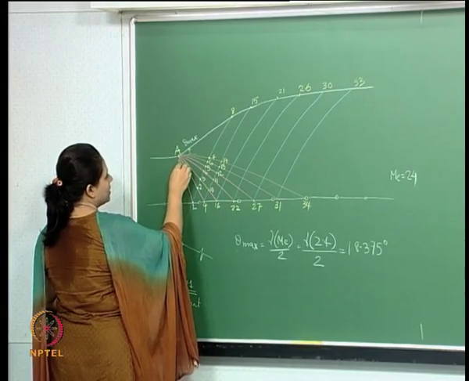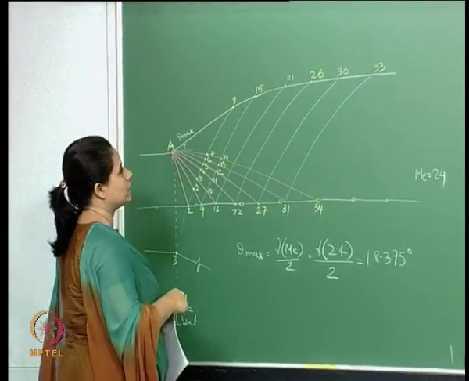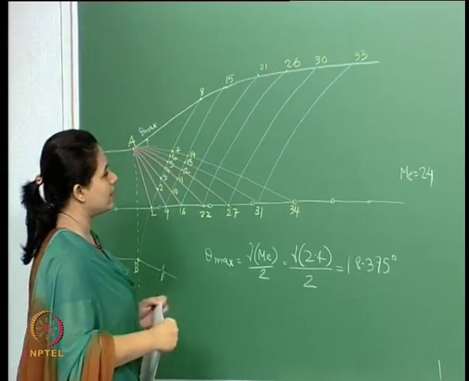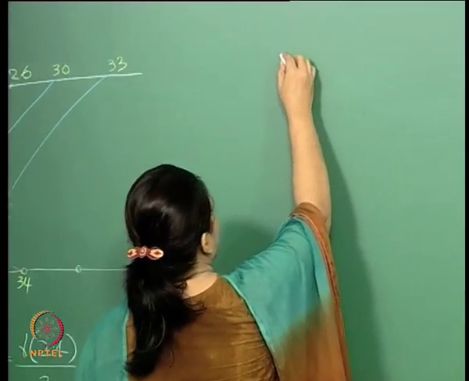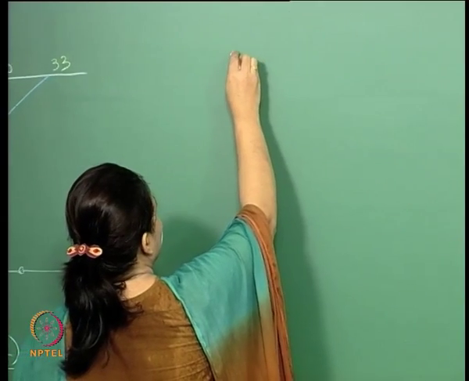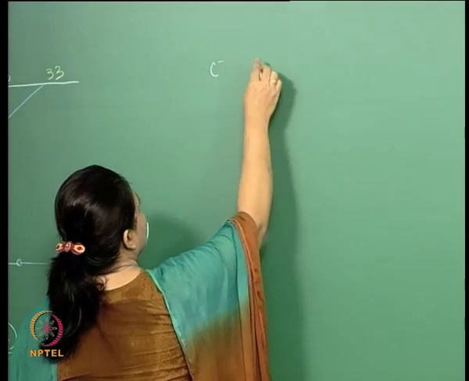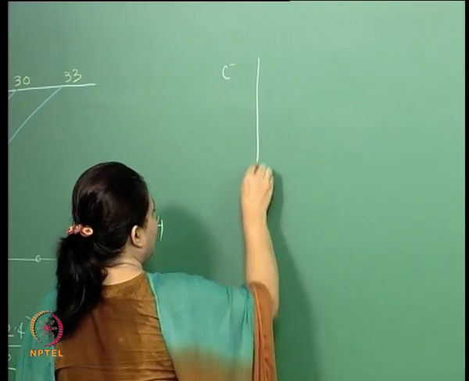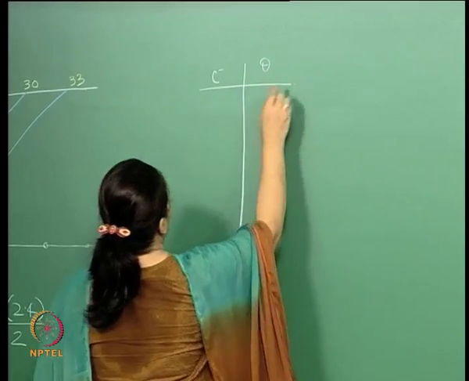So now let this angle be A1. Let me just develop a table. This is the left running characteristics, and we have the corresponding theta.